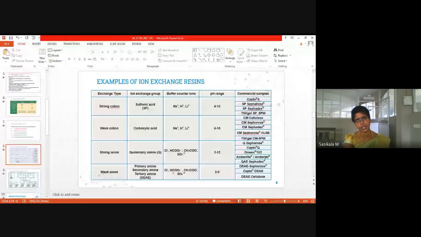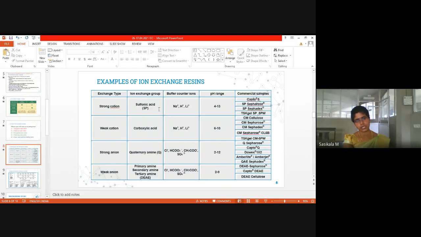Okay. Buffer counter ions here represent the mobile phase ions. If the exchanger is negatively charged, the buffer should be positively charged. Since the sample is also positively charged, the buffer will be chosen based on the sample charge. Buffer represents what? The mobile phase here.